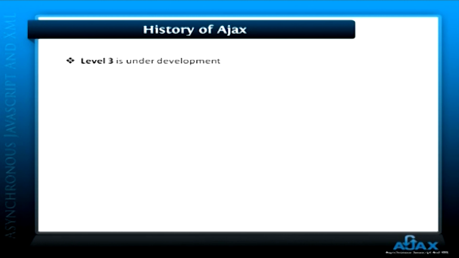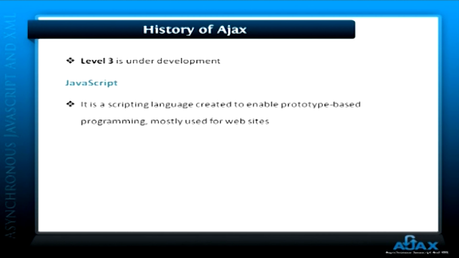Let's now see the history of JavaScript. JavaScript is a scripting language created to enable prototype-based programming. It is most popularly used for websites. JavaScript was developed in 1995 and trademarked by Sun Microsystems.